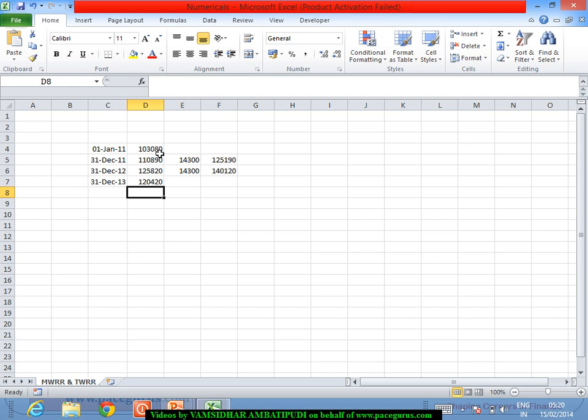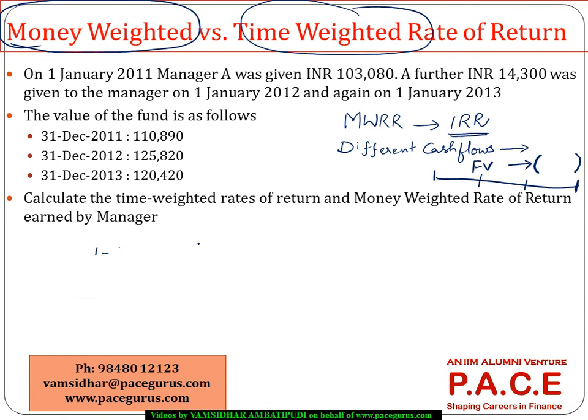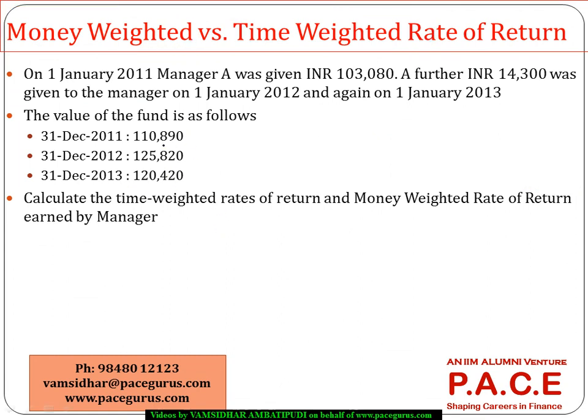Now if I want to find the money weighted rate of return, it's straightforward. The money weighted rate of return doesn't bother about the returns the fund has generated intermediately. I'm more bothered about my investments, my cash flows.